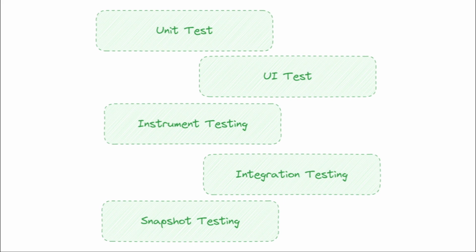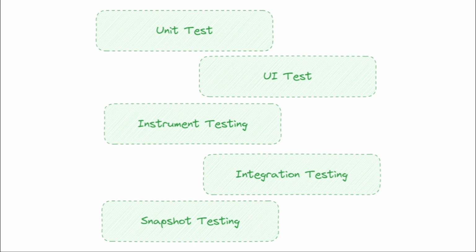Next one is instrumentation testing, which helps validate that any part of your application using the Android API works. Next one is snapshot testing, which helps to validate your UI by capturing a picture and comparing it with the desired result. Another one is integration testing. It helps to test the end-to-end flow in your application.